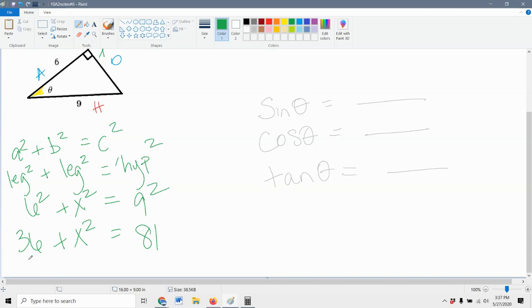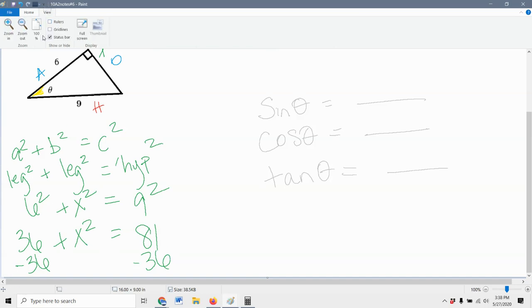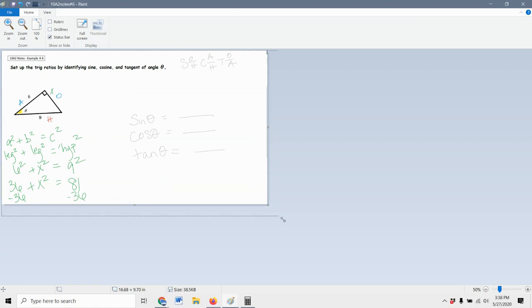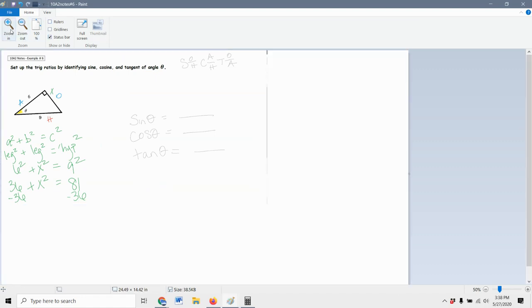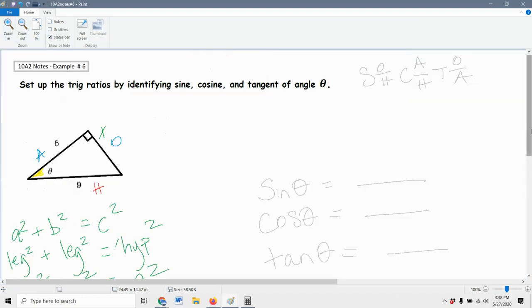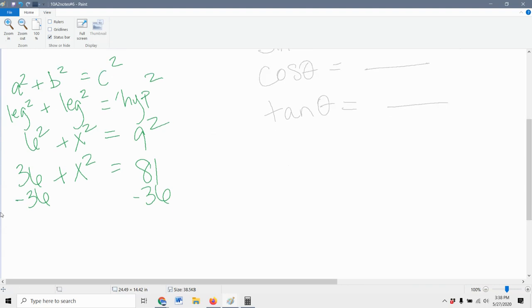Now, because these are being added together and this is positive, you can subtract this, because this is x squared plus 36 or 36 plus x squared. It doesn't matter the order. And when we subtract that 36 from both sides, 36 minus 36, of course, is going to give us 0.